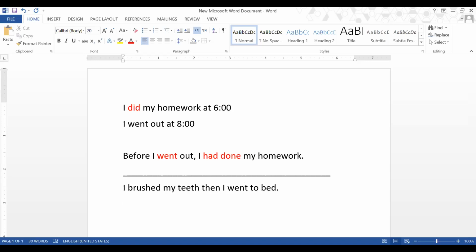Okay, I want you to use the word after, or to start with the word before. Okay, who can help me with this sentence? Think of it. You have two actions, brushed and went.